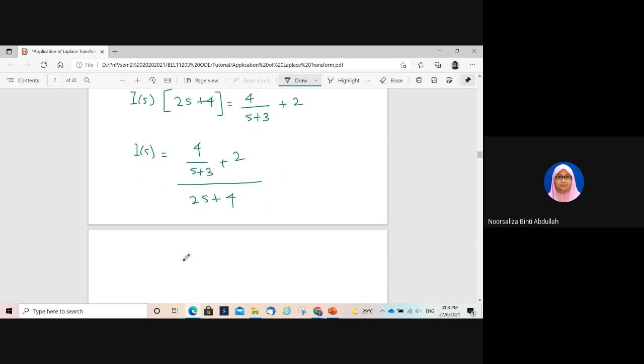Okay, simplify this one. Macam ni nak simplify. 4 over S plus 3 tambah 2, darab 2S plus 4. Macam ni eh? Darab semua doktor.